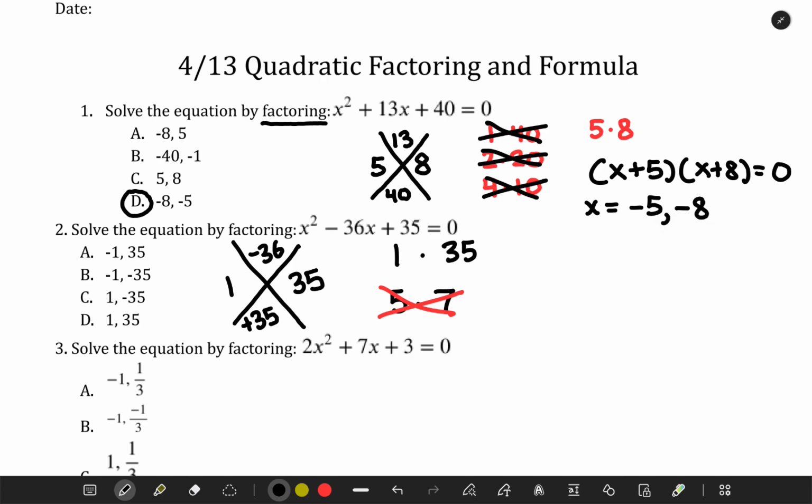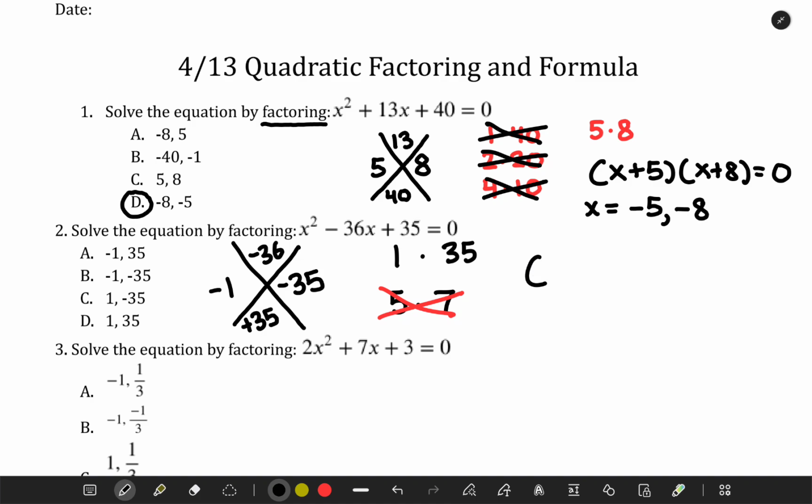So what are we going to do? One thing that we can do is make both the 1 and the 35 negative. How come? Well, a negative times a negative does give me positive. Negative 1 times negative 35 gives me positive 35. And this checks out. Negative 1 minus 35 is negative 36. So I have my factored form.